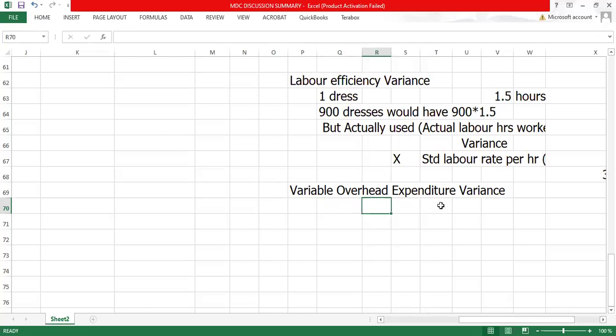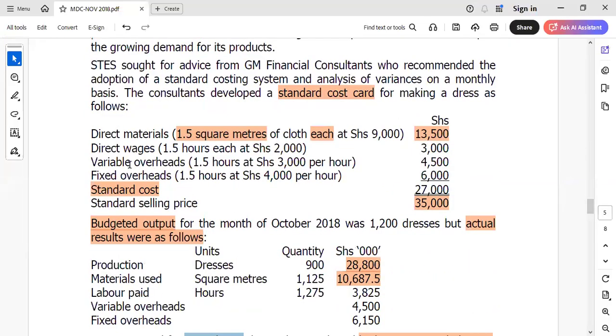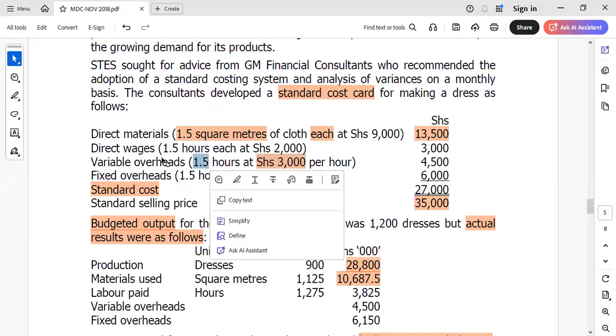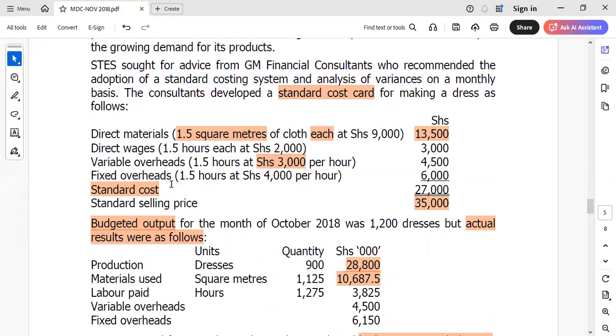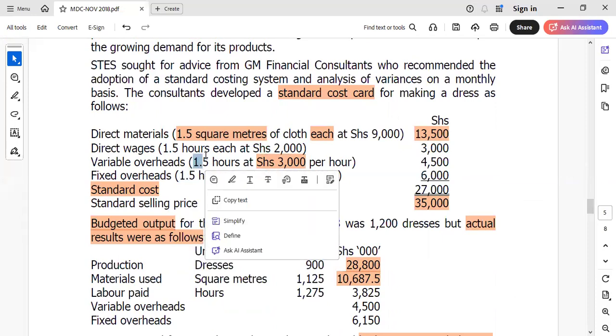Now, ask yourself. When you look at the variable overhead from the standard cost card, the budget is what? The time will always be the same. If you are not given the time for variable, always know that it is the same to make one dress.